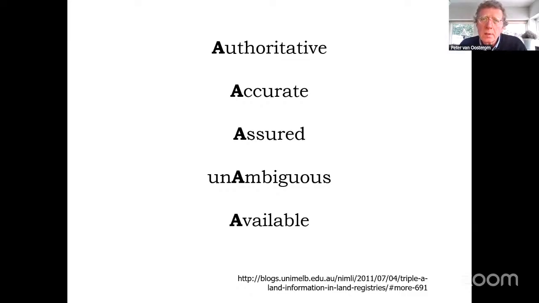It's accurate, so it's correct. It would be nice if it's assured, so that you can 100% trust it. That's not always the case. It should be clear, so unambiguous, and available. Everybody that needs the information should have access.